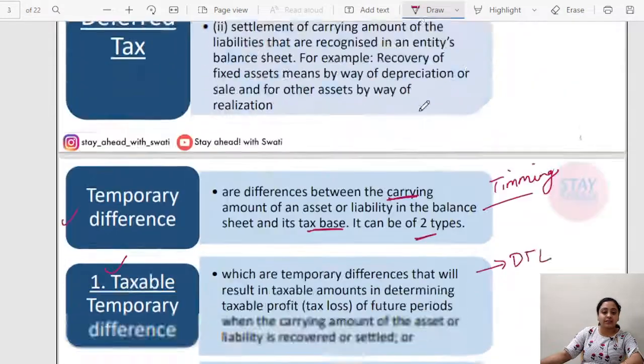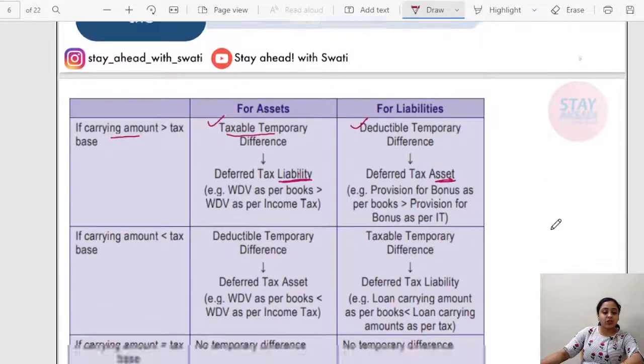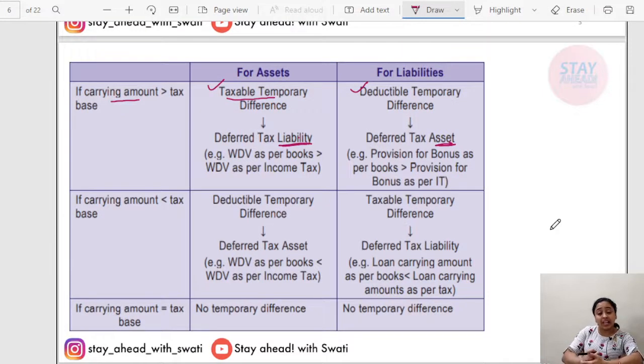Again, see, taxable means liability, deductible means asset. Okay, so if you have a carrying amount which is greater than the tax base, you have to record a deferred tax liability. Okay, and for the liabilities part, if it is a liability, then you have to calculate a deferred tax asset.